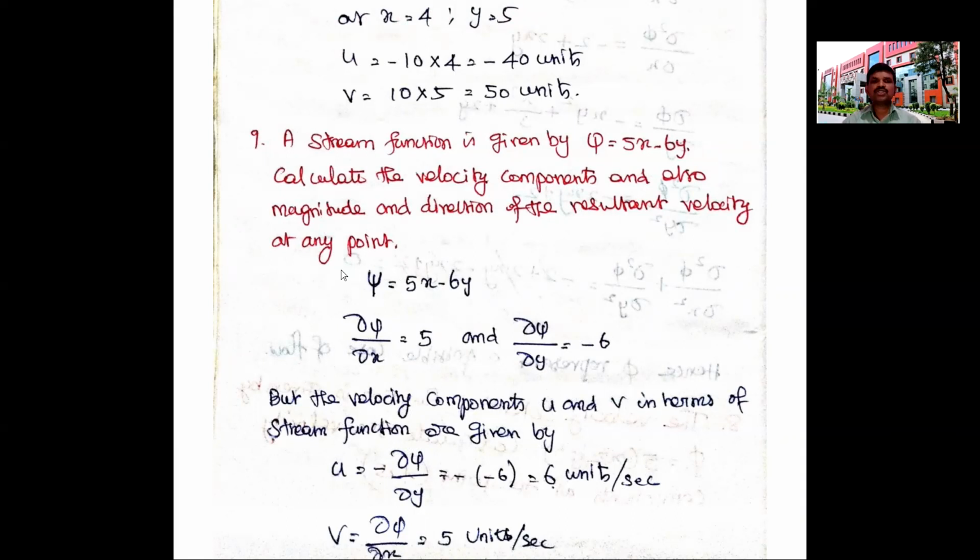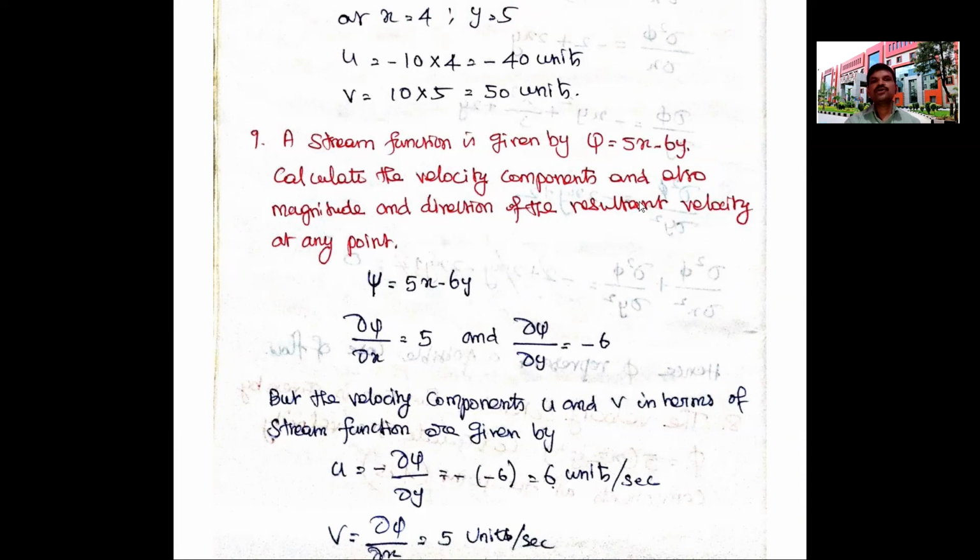Please note, in this question they have given only a two-dimensional stream function, ψ = 5x − 6y. What did they ask? What are the velocity components, u and v? So they are asking for u and v, also the magnitude and the direction of the resultant velocity at any point.